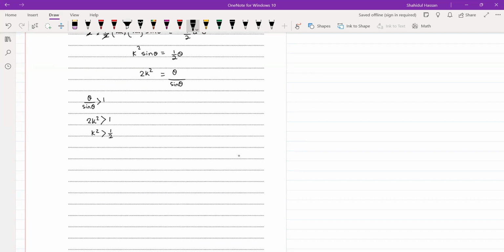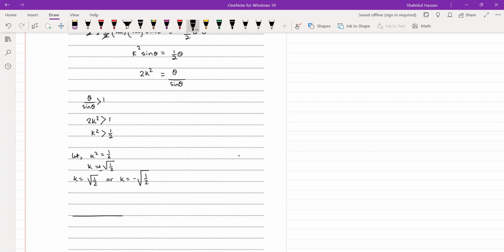So if k squared is greater than half, this is a quadratic inequality. We're going to solve it by considering that k squared is equal to half. K will be equal to plus or minus square root of half, or k equals minus square root of half.